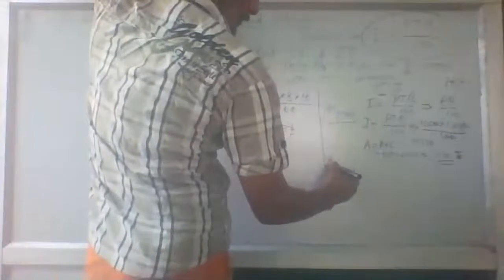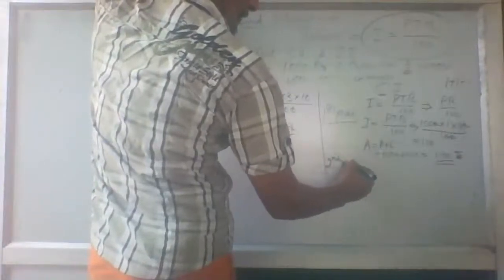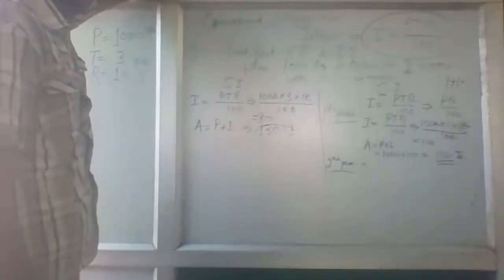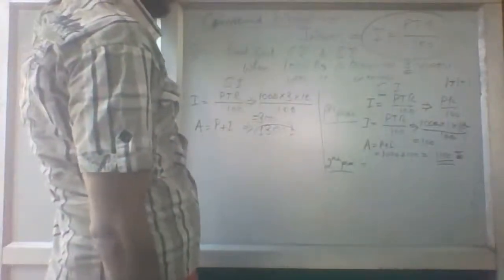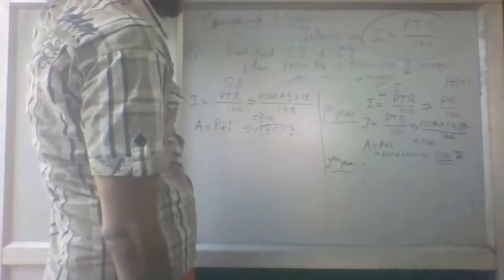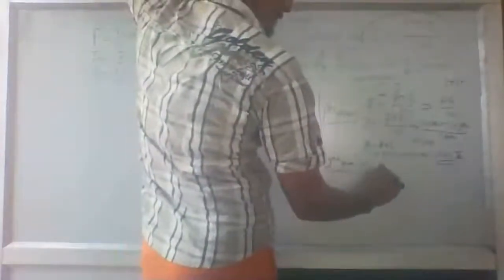Now, this amount will be the principal for the next year. So, for the second year, if you think that you are a brilliant student and you write the answer always in the right manner, at that time for the second year, you have to mention all the values. What values you have to mention?